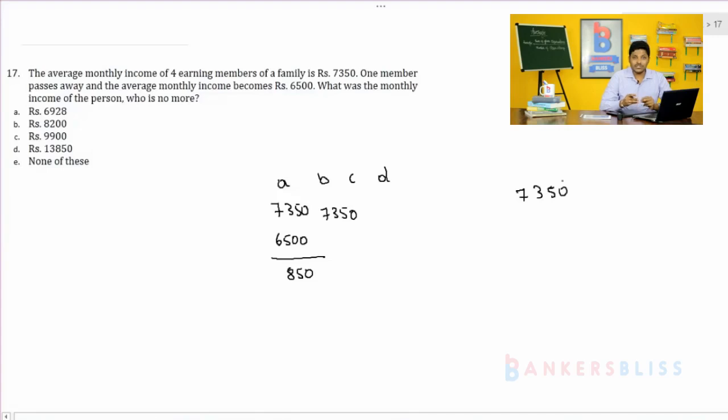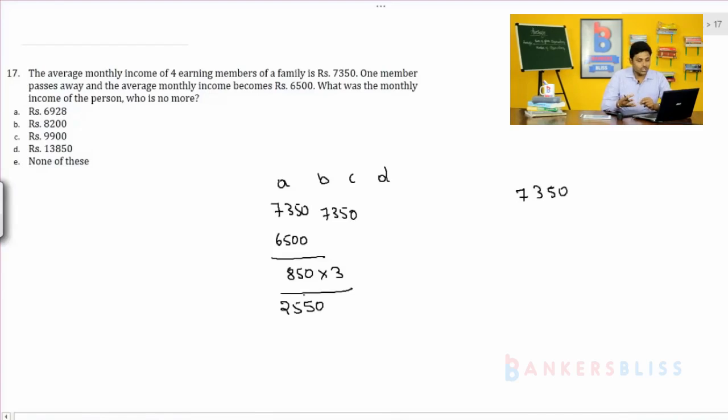Means when the person was in the group, that person used to contribute for the other 3 members. For each and every individual, he is giving 850 rupees. For A, he has given 850, like that for B, and for C, he has given 850. So 850 into 3, 2,550 he has given.